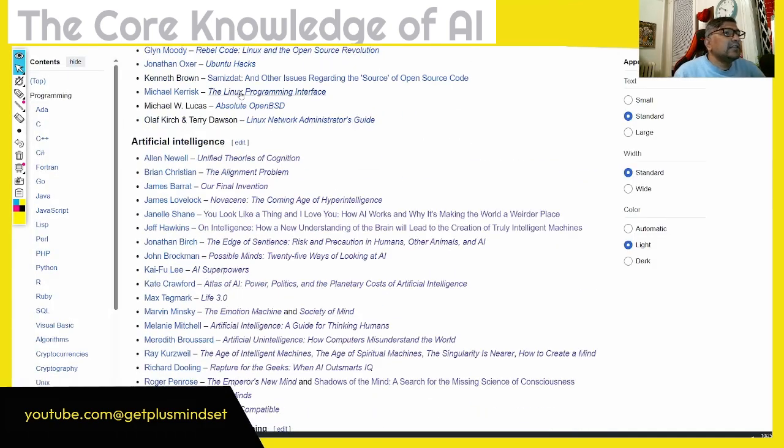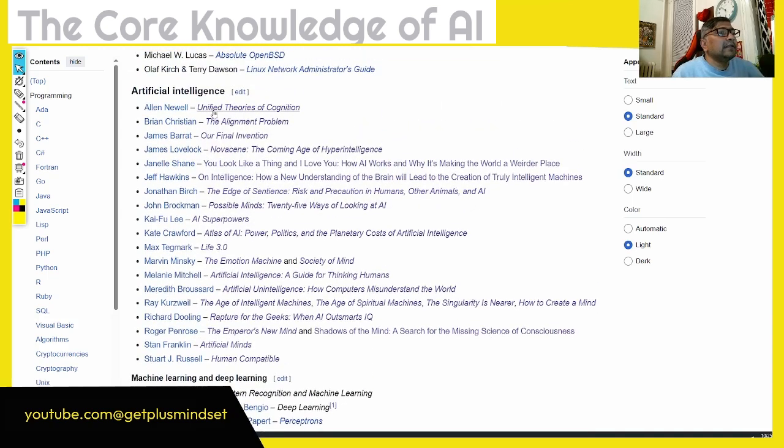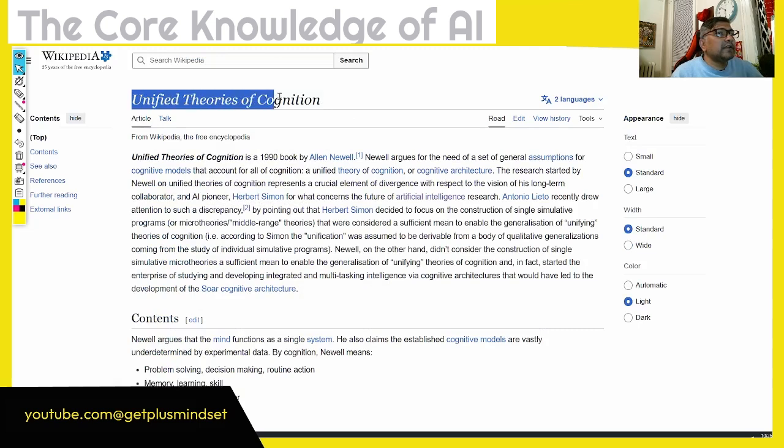So there are a lot of books available on artificial intelligence. One is Unified Theory of Cognition. Cognition is like cognitive behavior. It was published in 1990, so it is a very recent book. And the Unified Theory of Cognition and Cognitive Architecture.